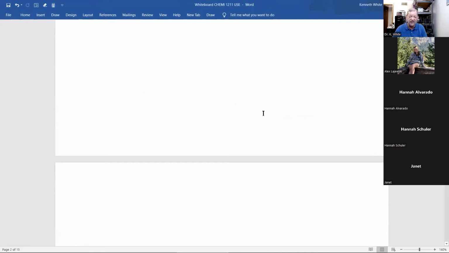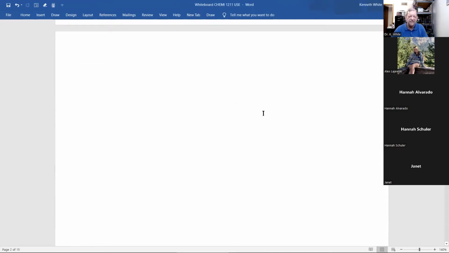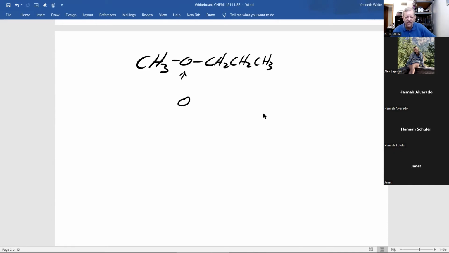So let's write an ether up here. All right, how do you know it's an ether? You look for what's different, what's not carbon, what's not hydrogen. An oxygen. And on that oxygen, you have carbons here, I'll call that R, and carbons here, R prime. And this is an ether.